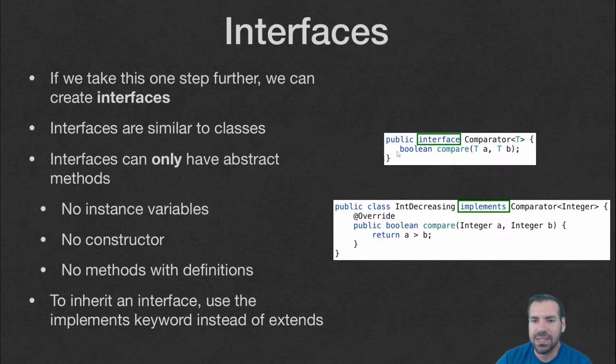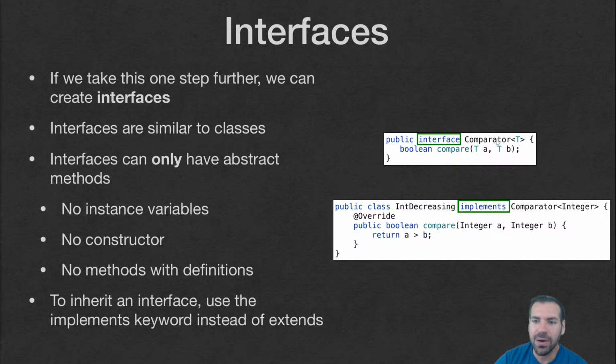In fact, you don't even have to say abstract. This, by implication, is public and abstract, because all you can have in interfaces are public abstract methods. So we don't have to put public and abstract. We just put the method declaration, and no definition because it's abstract.